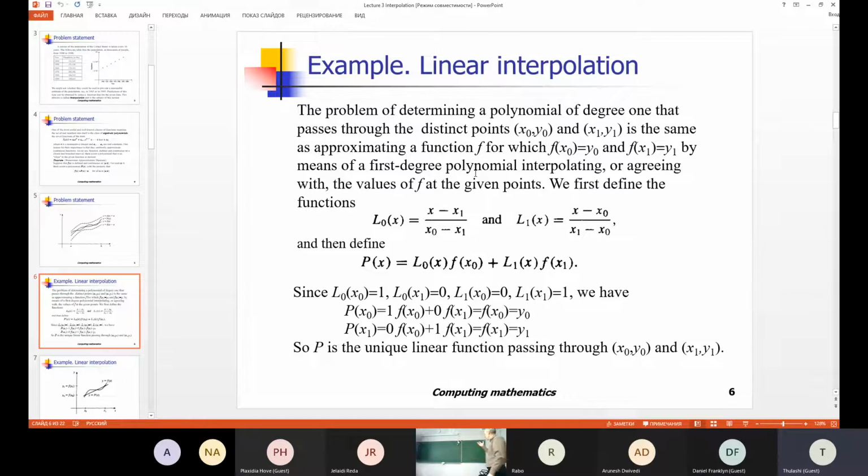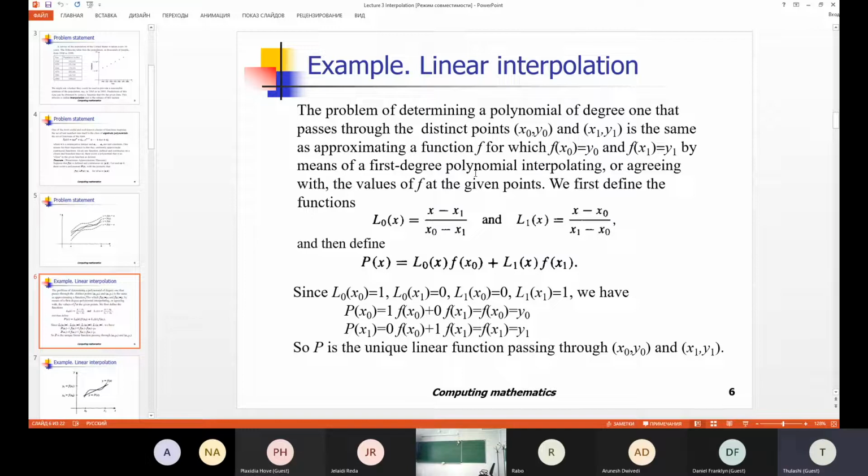And what is the answer for the first fraction, for the first term? Just substitute x. Zero.